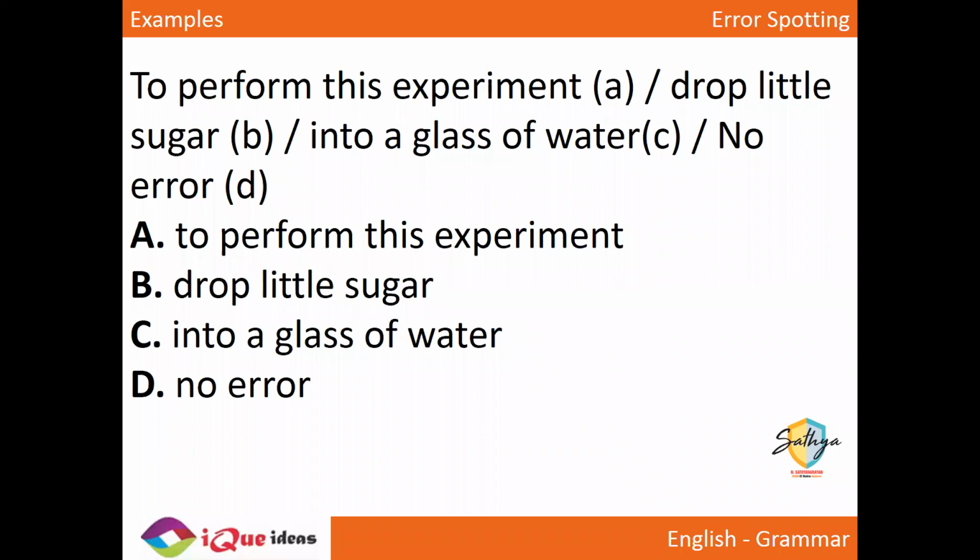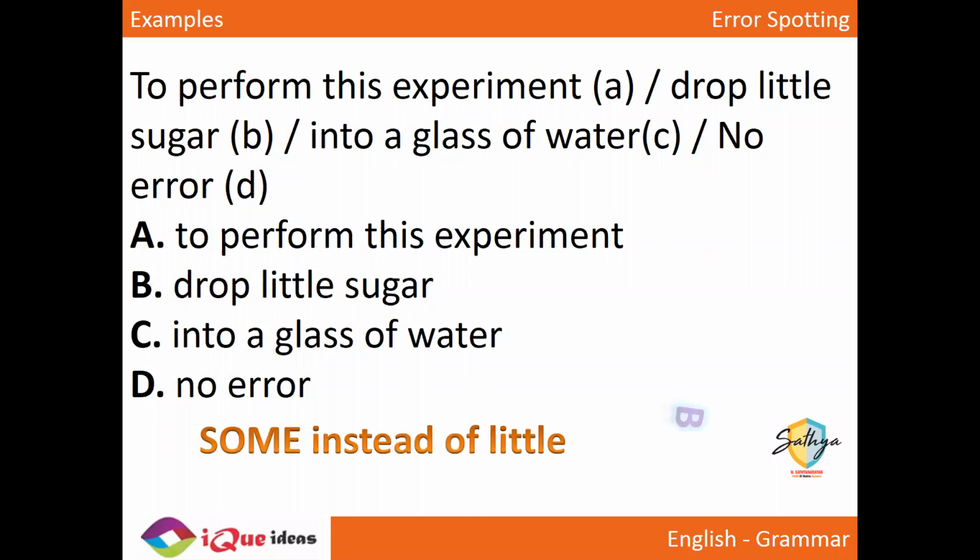Now the point is we tend to use adjectives wrongly. The word little, when used without an article, means small. And you don't want to say put small sugar in the glass. You want to say put a bit of sugar in the glass. So either you say a little or you say some.